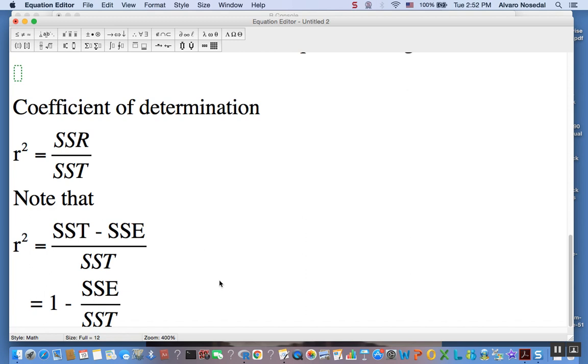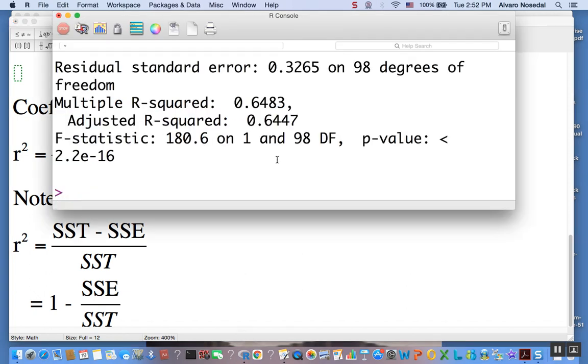So in this example, with our simple linear regression model, we're able to explain roughly 65% of the variation in y. The remainder of the variation, roughly 35%, is unexplained. That's due to random fluctuations, to error, right?